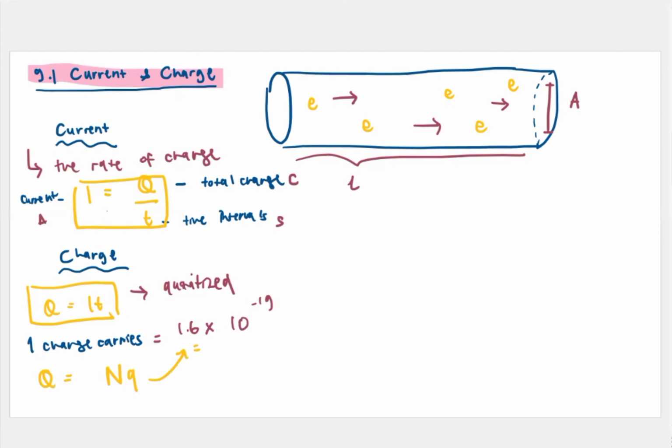Now, using this equation, we can actually find something known as the drift velocity. Drift velocity is how fast the electrons are moving within the wire. So let's write that down, shall we? Blue. Okay, drift velocity.